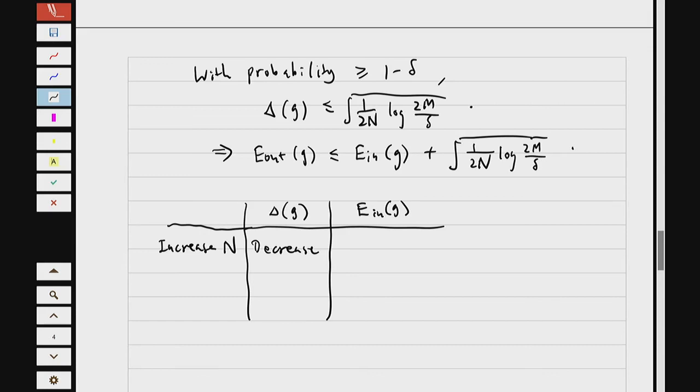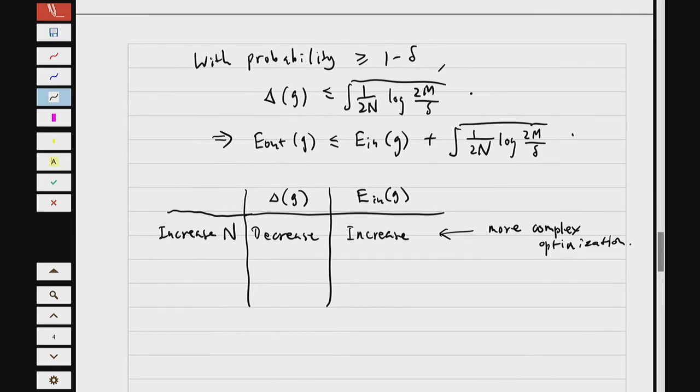So in general, the in-sample error increases, because this is more complex optimization. Of course you could say, well, if I can scale up my computation over N, that's a different story, right? So here we are keeping everything else fixed: fixed computation capability, fixed time to do the calculation, then your E in will increase if you have more training data points to handle. So there's a clear trade-off between those two.